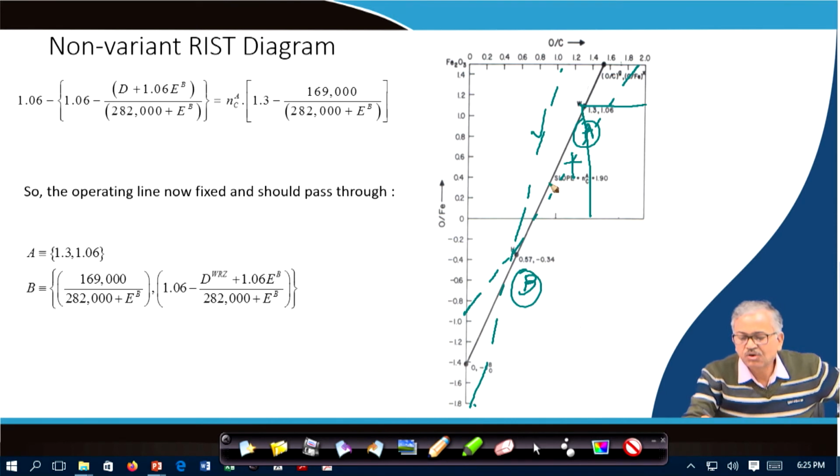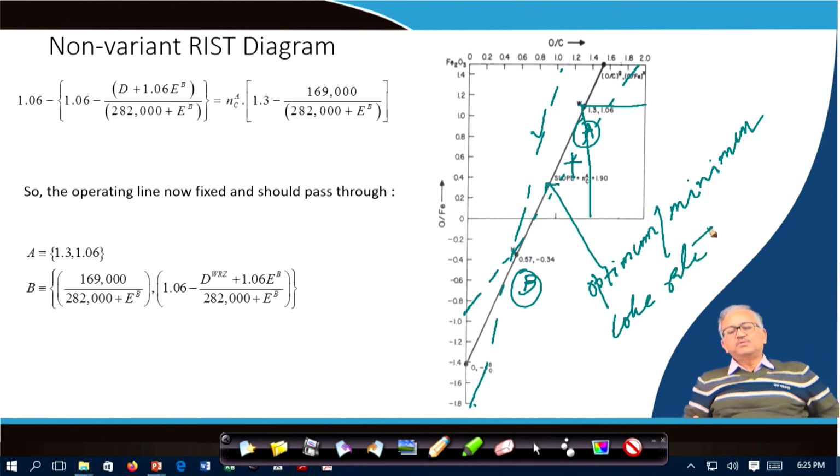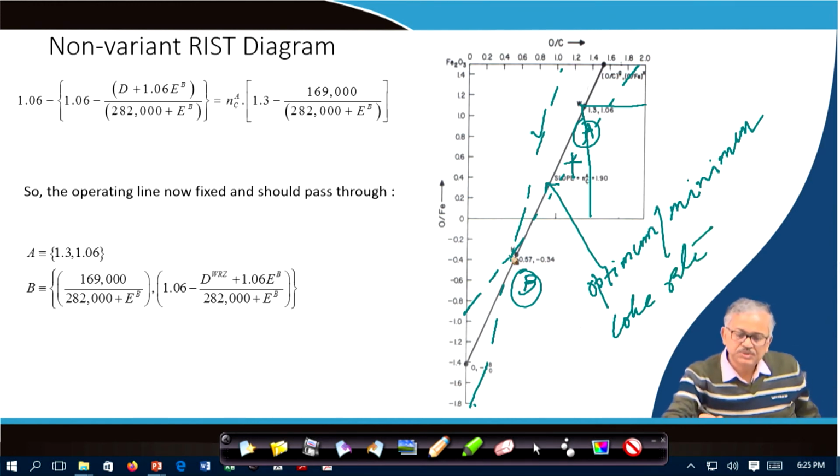But this is the optimum line, this is the optimum or minimum coke rate. This gives the optimum minimum coke rate.